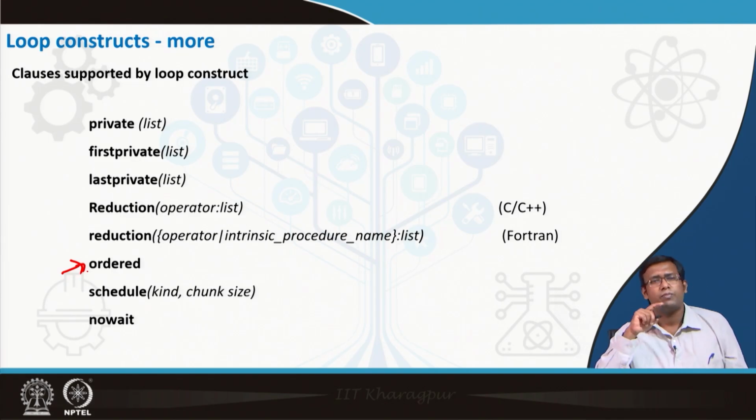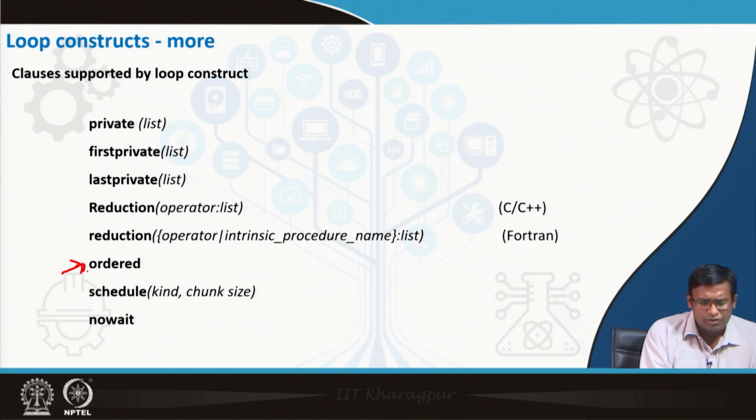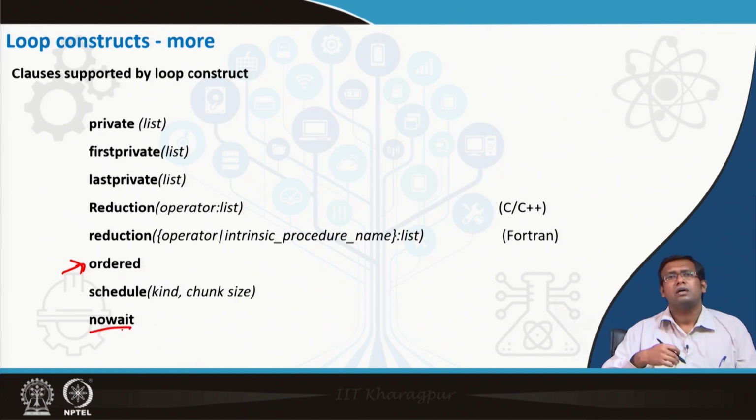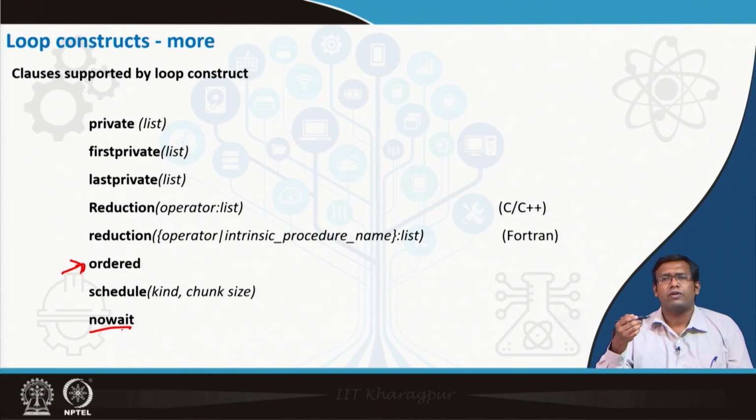Another point we have seen is that there is an implicit barrier after the threads. That means there is already some synchronization: unless all threads finish their work, the threads that have finished have to wait. In case we do not want that synchronization, because synchronization means wait time for certain threads, it means latency, it means overhead, we can use the nowait clause, so the threads will not wait for other threads to finish the work and will start working on the next step.